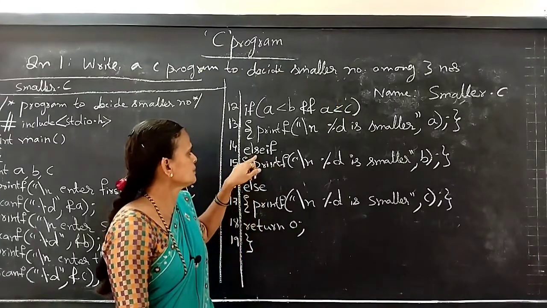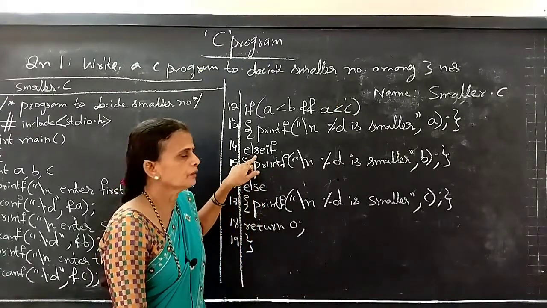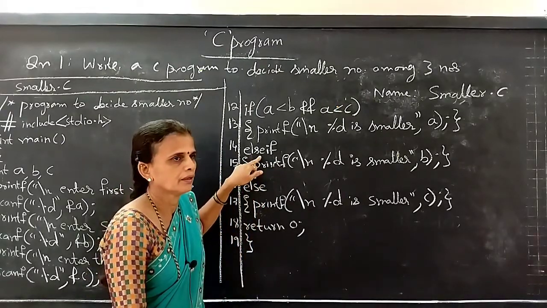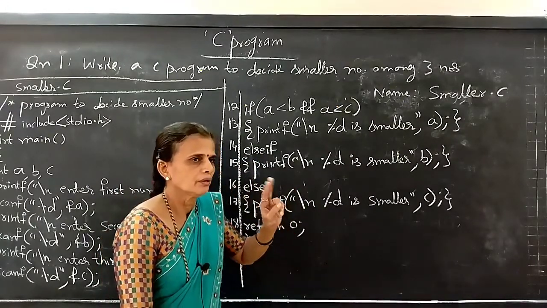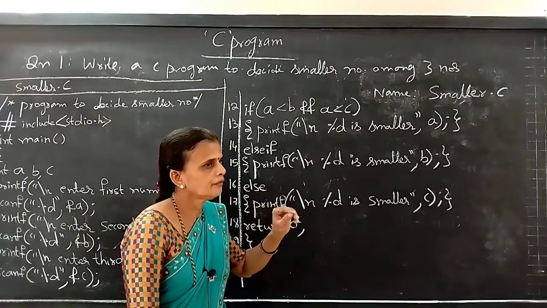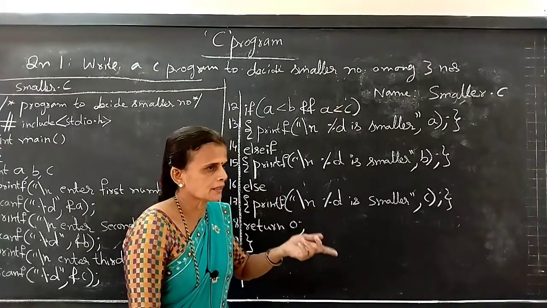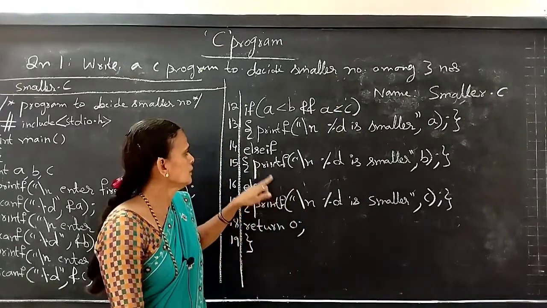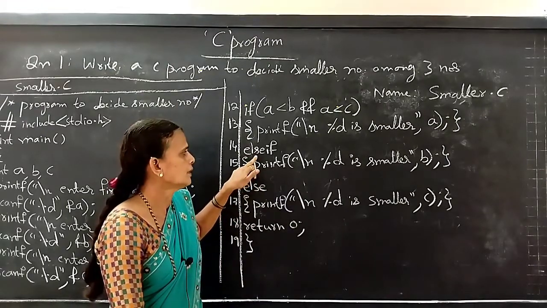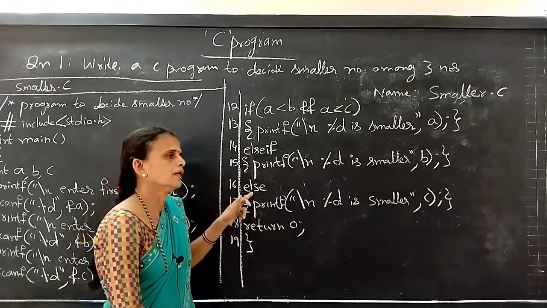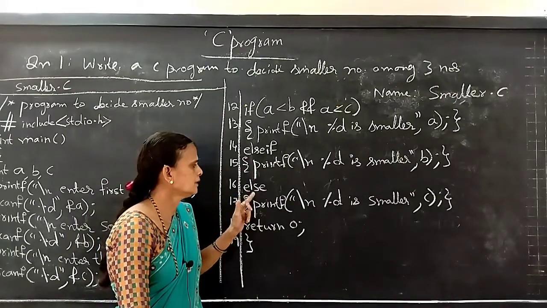No, for that purpose we are going to use else if. Only 2 numbers means here it is enough, else if followed by else. So here we have 3 numbers, so we are going to use else if and last, otherwise print the 3rd number.